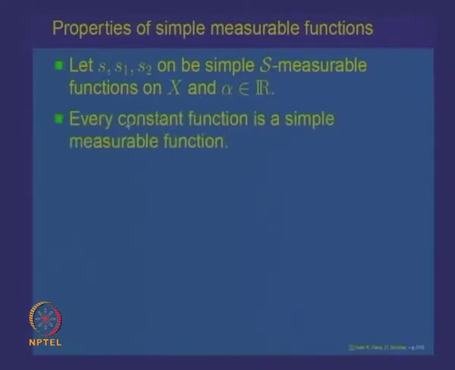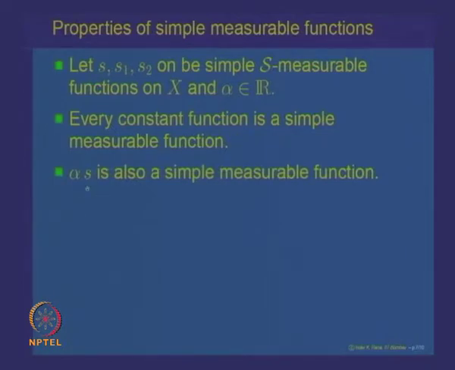First of all, we want to observe that every constant function is a simple measurable function. What is a constant function? A constant function is a function which takes a single value everywhere on the set. If the constant value is C, then it is C times the indicator function of the whole space X.